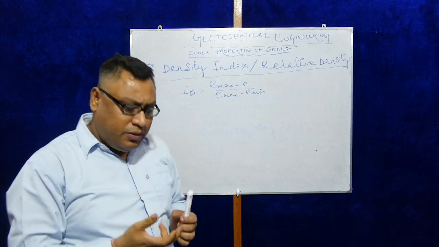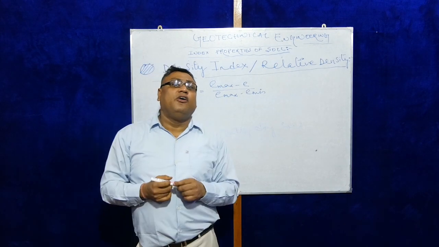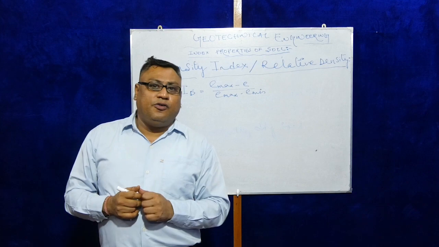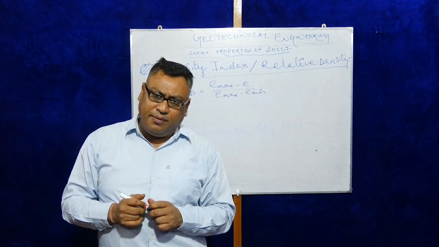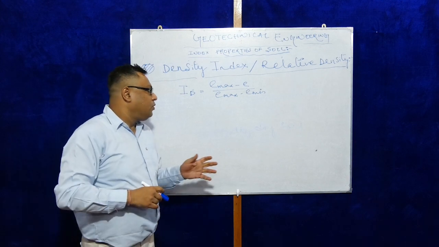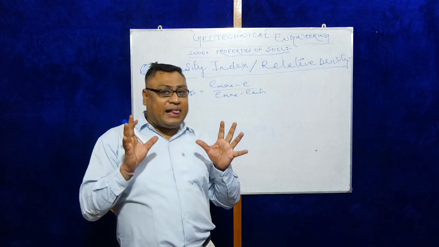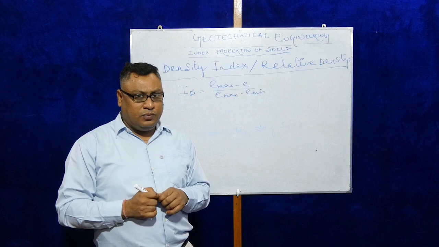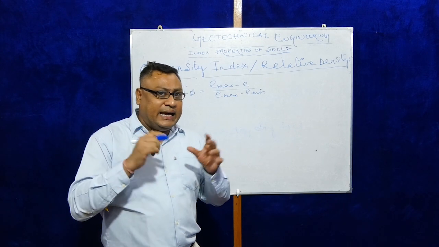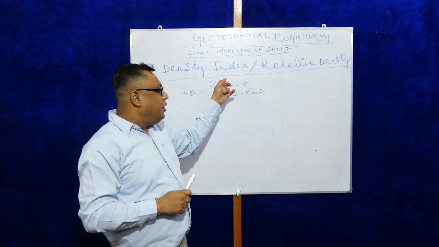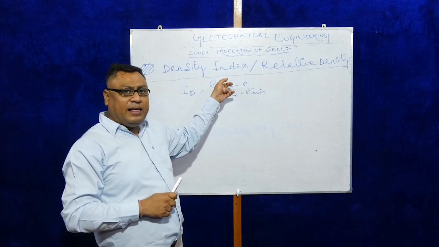What is void ratio? Void ratio means volume of voids to the volume of soil solid. When the soil is in its loosest state, we get maximum void ratio, that is Emax.